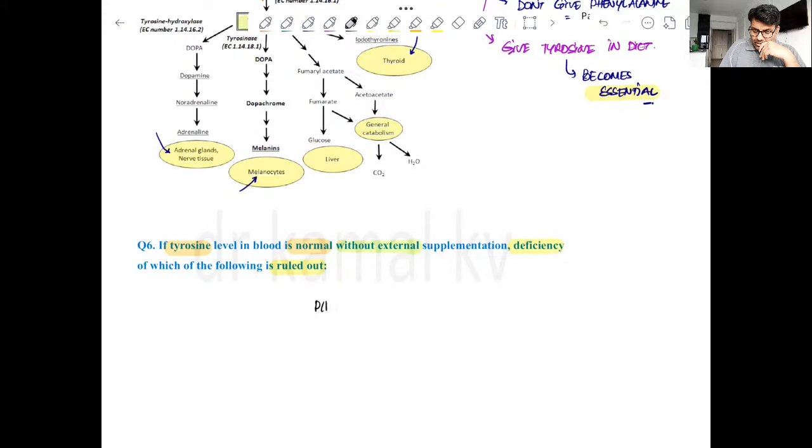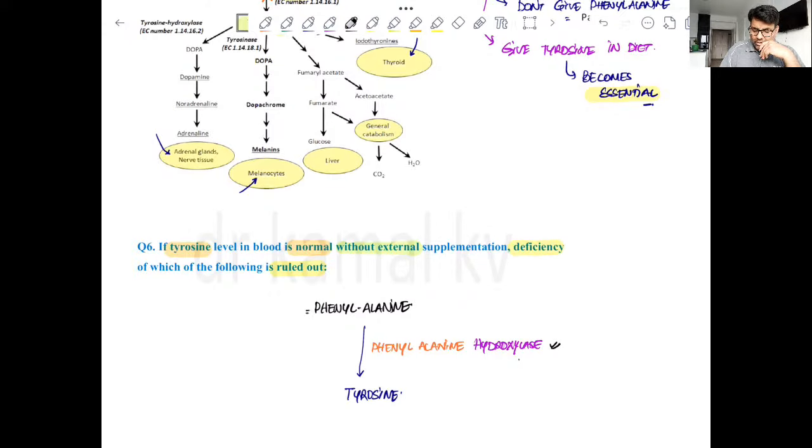So we just discussed that phenylalanine is converted into tyrosine in a normal subject, and the enzyme which mediates this reaction is known as phenylalanine hydroxylase. Clear? So if this enzyme is working perfectly, then there will be sufficient quantity of tyrosine which is being derived from phenylalanine, and therefore we need not give any tyrosine supplementation from outside.